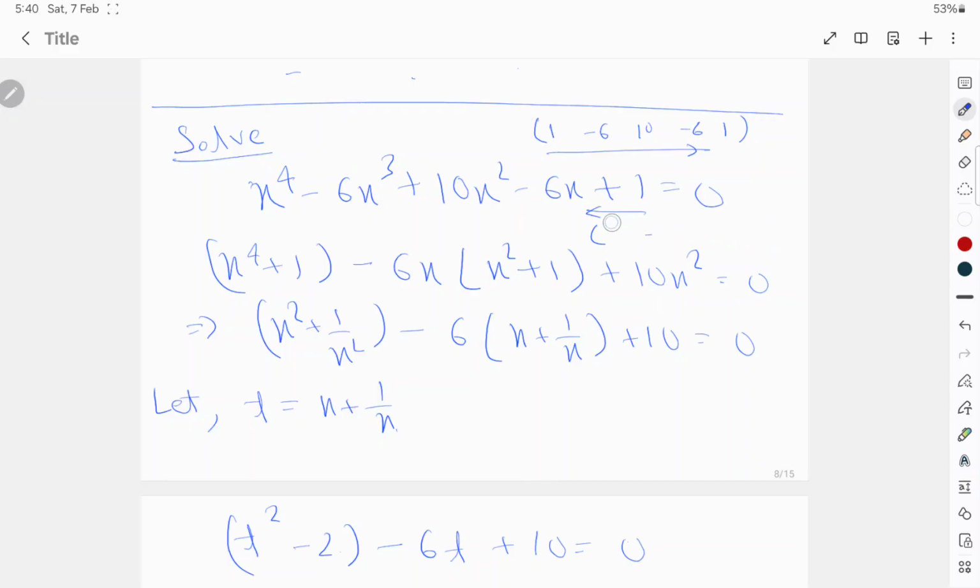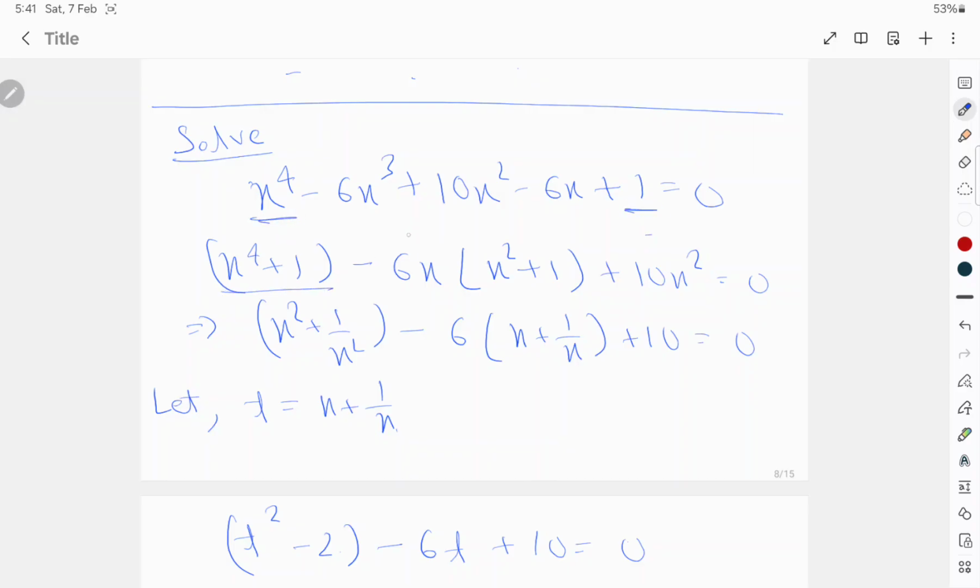So this is your reciprocal equation. How do you deal with this type of problem? Basically you have to construct x plus 1 by x. Before that, you have to write it this way. You see, x to the 4 plus 1, I have bracketed it.